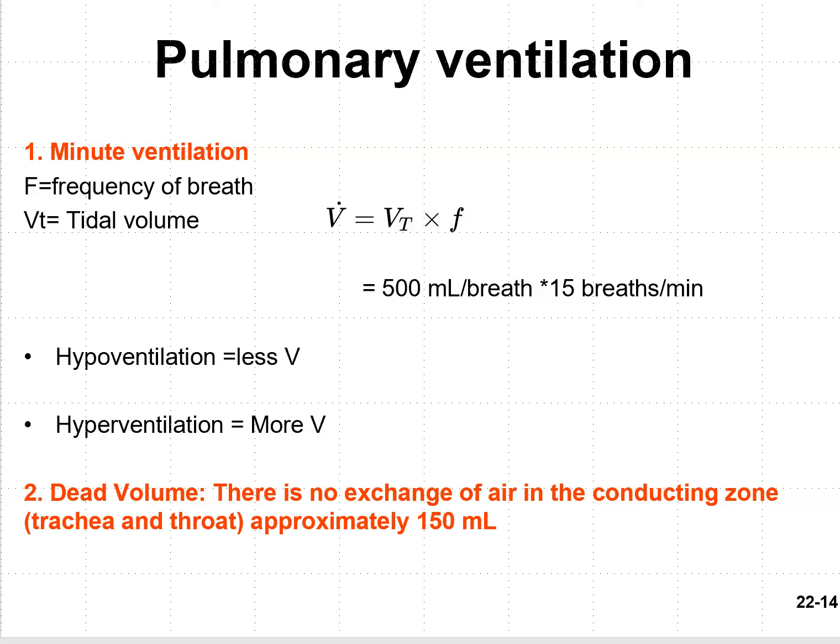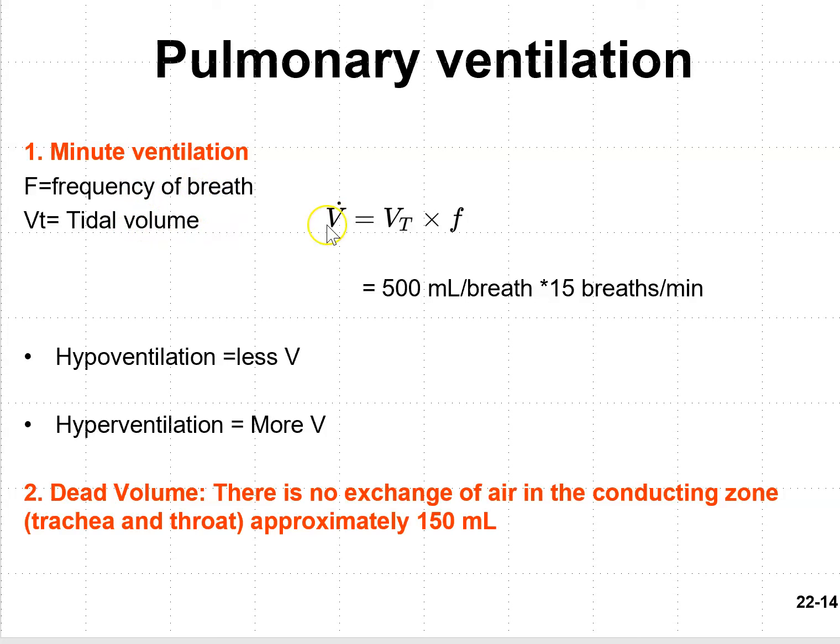So there are certain terminologies of pulmonary ventilation which are important. The first one is minute ventilation. Minute ventilation is the volume of air that is inhaled or exhaled in 1 minute. This is determined by multiplying the tidal volume by the frequency of breath.